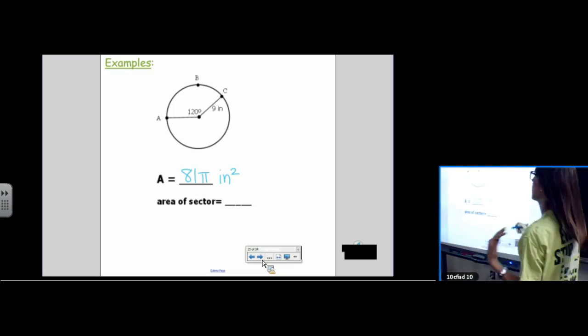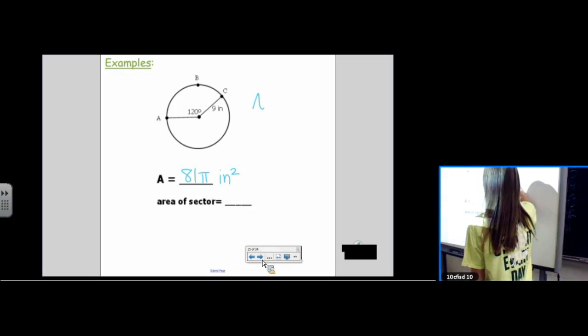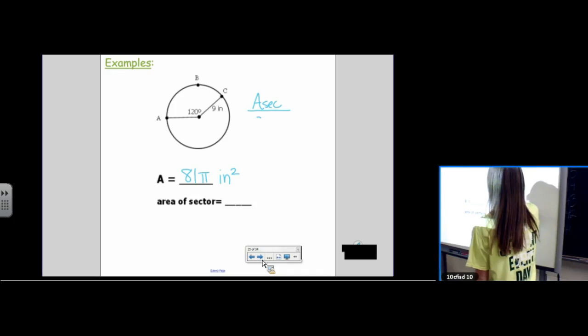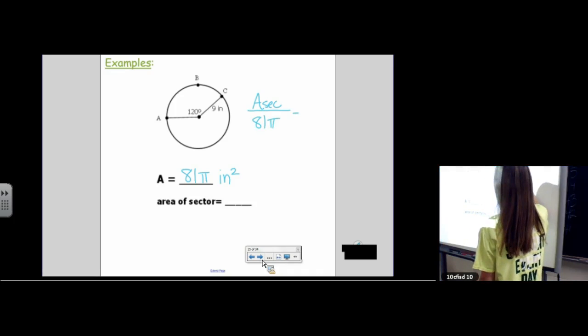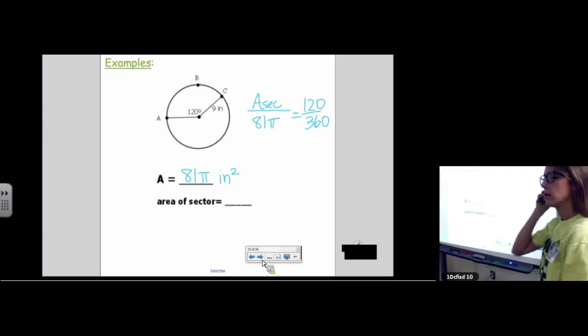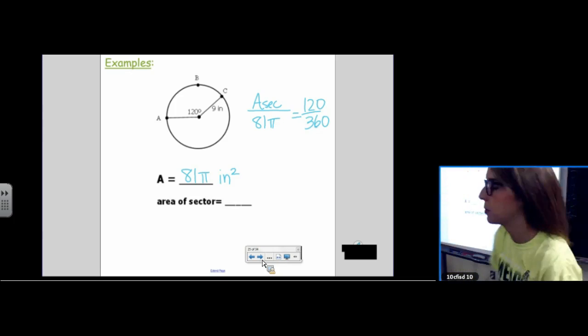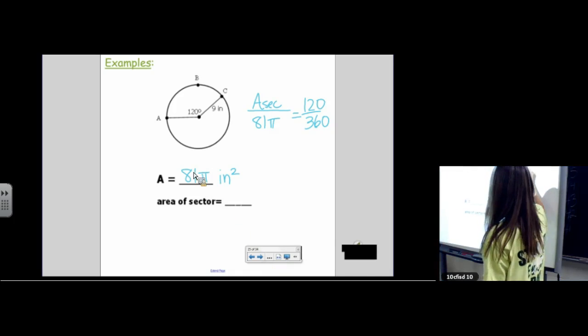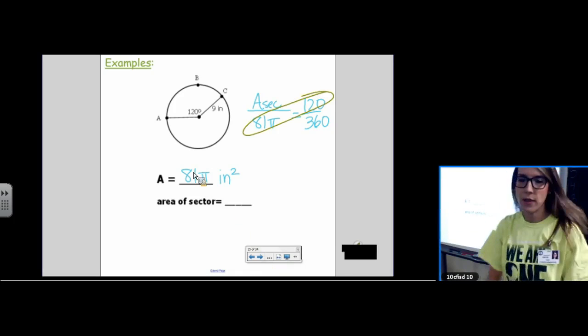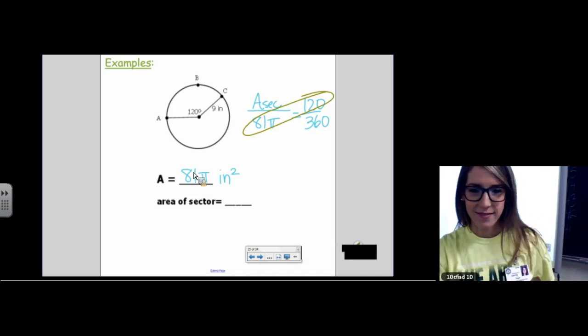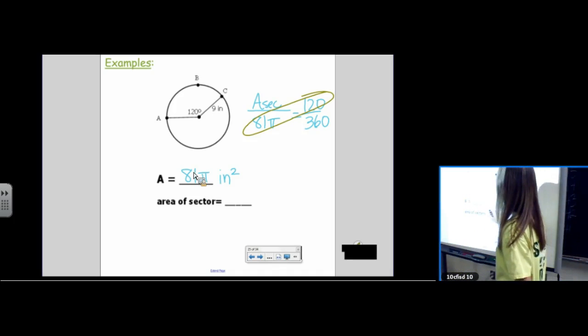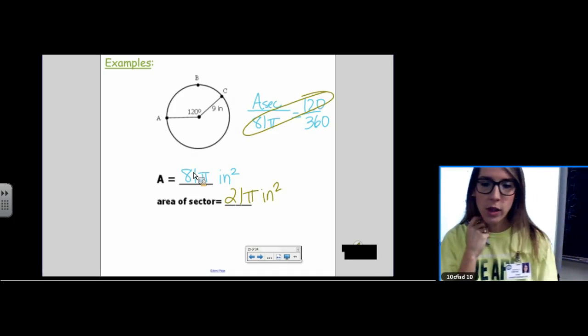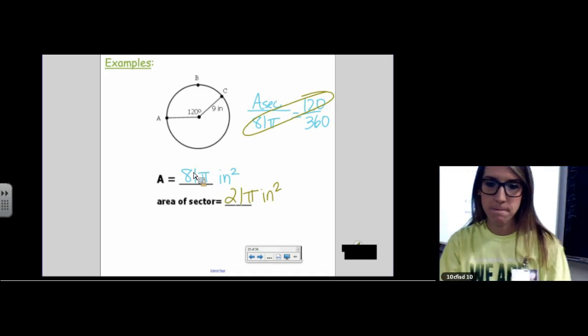And now we're ready to find the area of a sector. A sec over A equals M over 360. Cross multiplication. 120 times 81 divided by 360. Final answer, 21 pi inches squared. That's the full answer with units.